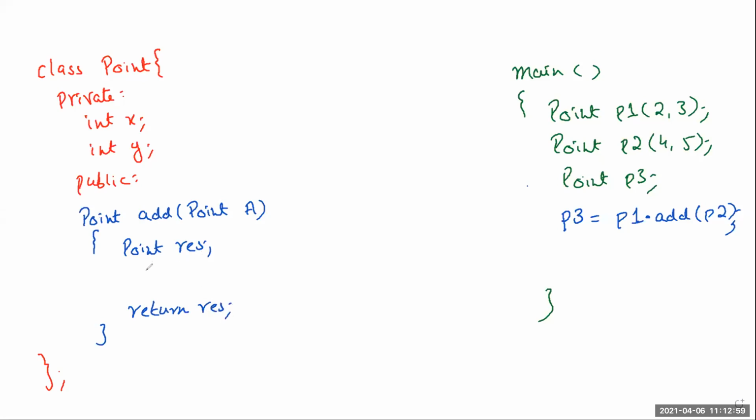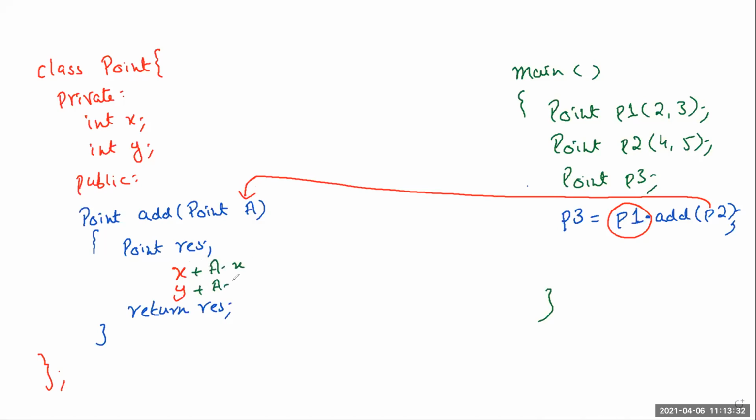And in between, what we did, when we were calling that function, I keep telling you again and again, what is in the argument P2. This P2 actually comes in this A. And since you are calling this function for P1, when you write P1 dot add, if I write X here and Y here, they are X and Y of P1, because the function is called for object P1. So using the same concept, it means I can write X plus A dot X plus A dot Y.